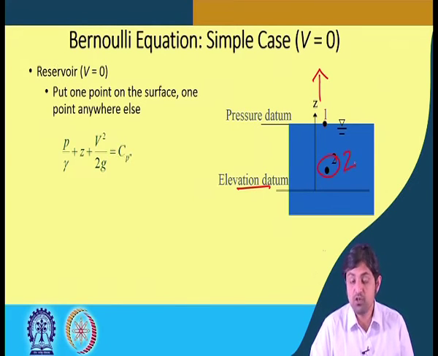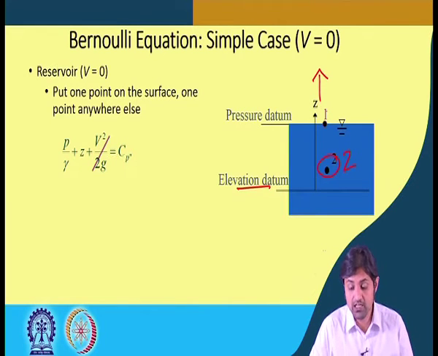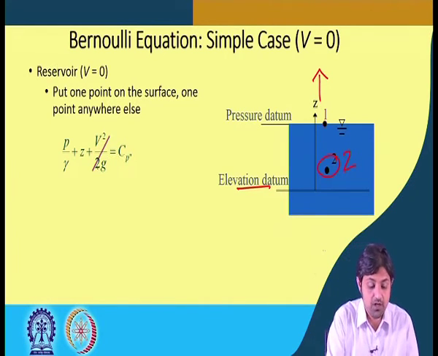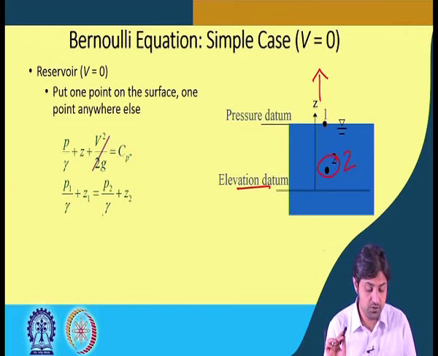So we apply the Bernoulli's equation between these 2 points. So in the reservoir the velocity is 0, right? So V square by 2g is going to be eliminated here. So between these 2 points we can write P1 by gamma plus Z1 is equal to P2 by gamma plus Z2, whatever it is going to be.